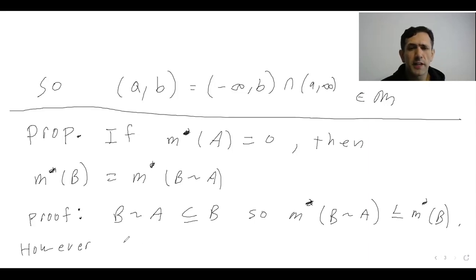Let's use finite subadditivity. I want to emphasize we don't know that A and B are measurable. They're just any subsets of the real line. So we can write B as B take away A, disjoint union A. It doesn't matter that this is a disjoint union, since we don't know if anything is measurable.